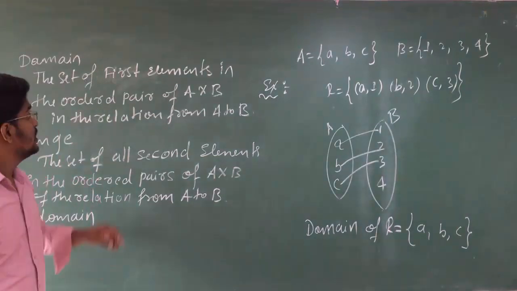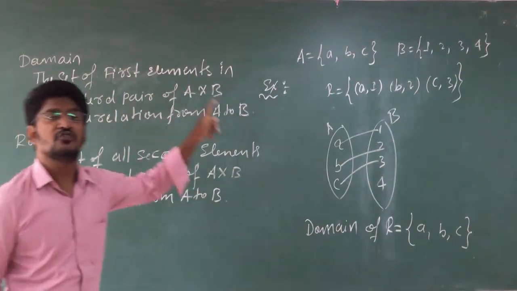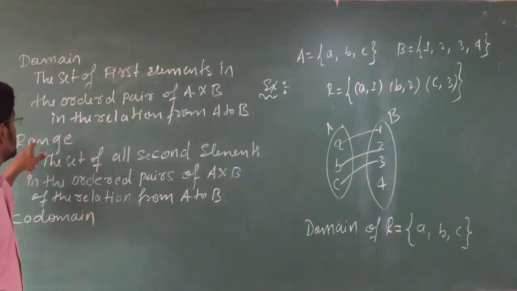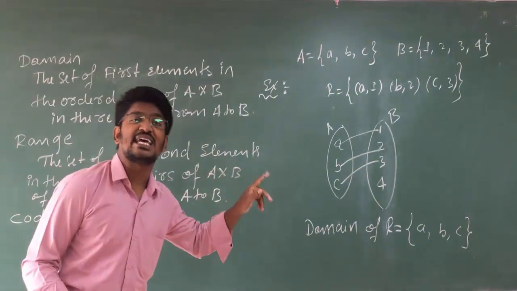So that means in the domain you collect the first elements, in the range you collect the second elements.